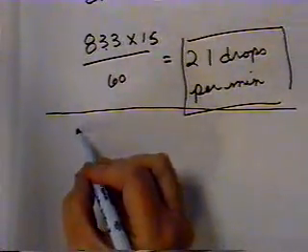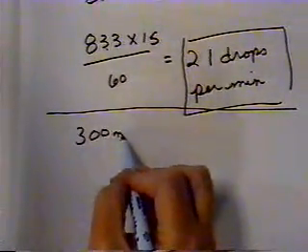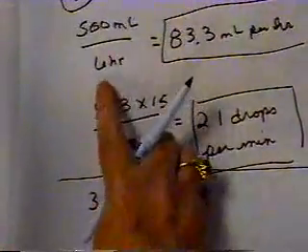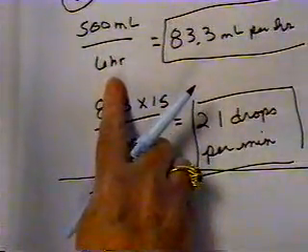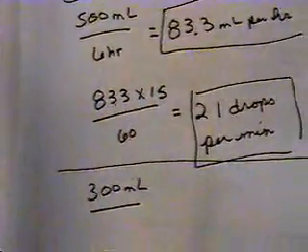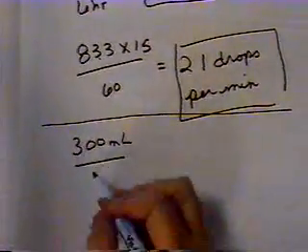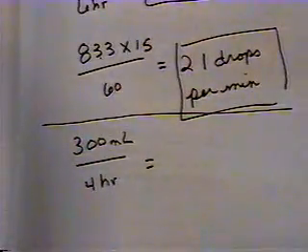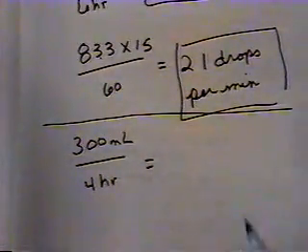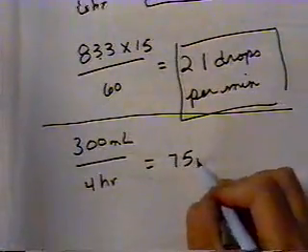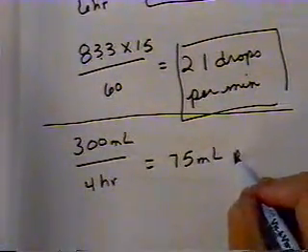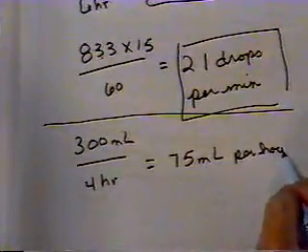After 2 hours, there were only 300 milliliters left. I started off going to give it for 6 hours, but if 2 hours are gone by, how many hours are left? Now, I take the 300 divided by 4, and now I see it needs to be changed to 75 milliliters per hour.